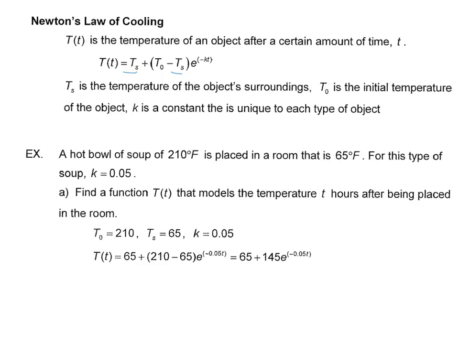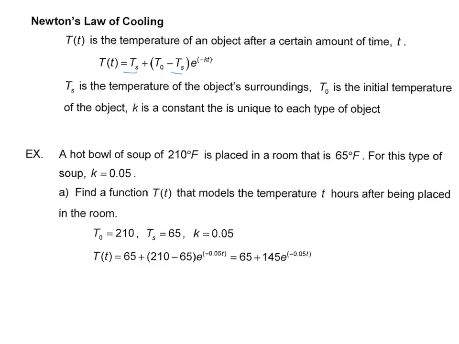K is a constant that's unique to each type of object. So every object has its own value of K that has been found by previous experiments. Newton's law of cooling is actually used to find time of death when people find bodies. And so we're going to do soup, which is much less gruesome.